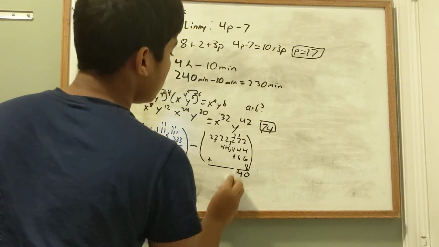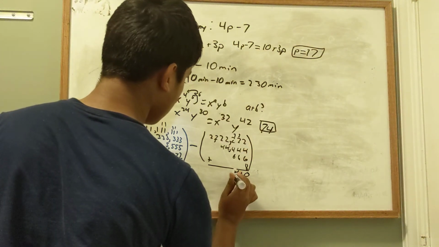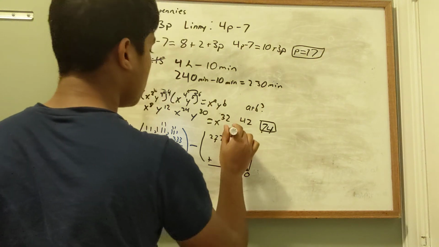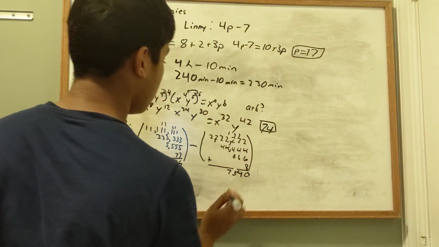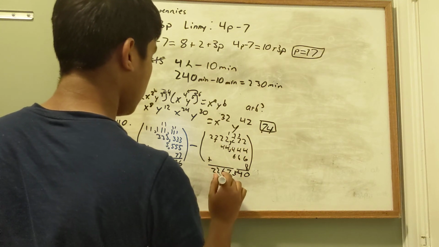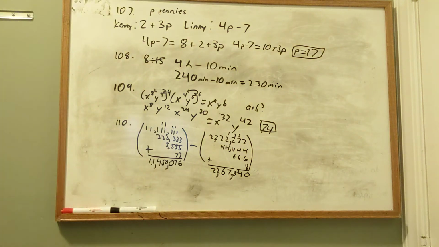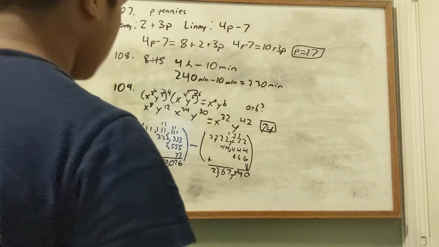That's my bad. 2 plus 4 plus 6, that would be 12. Plus 1, 13. Carry the 1. 1 plus 2 plus 4, 7. 6, 2, 2. So here you get 2,267,340.